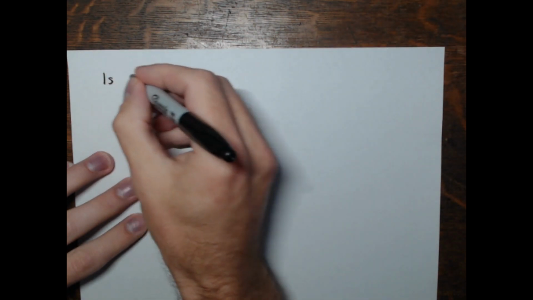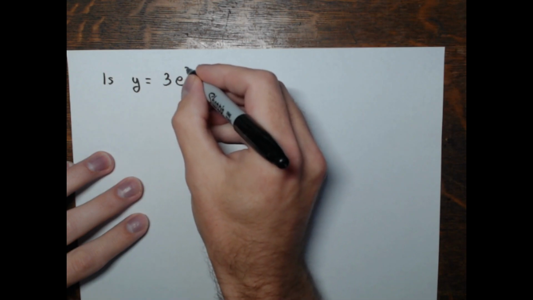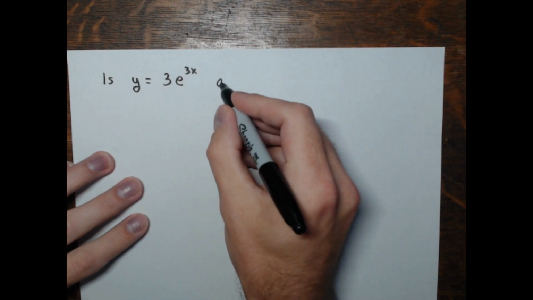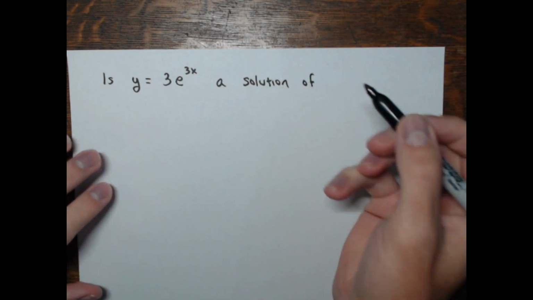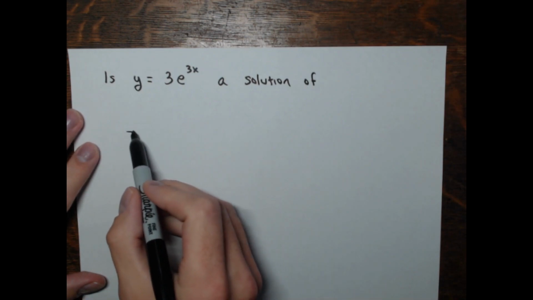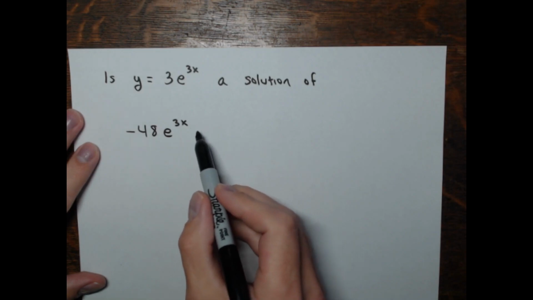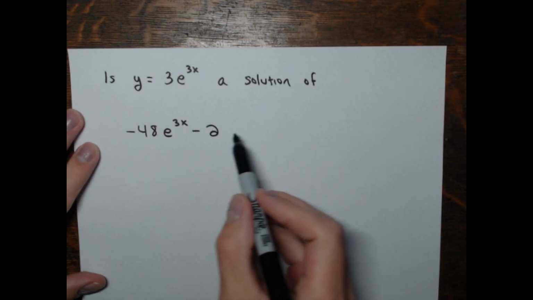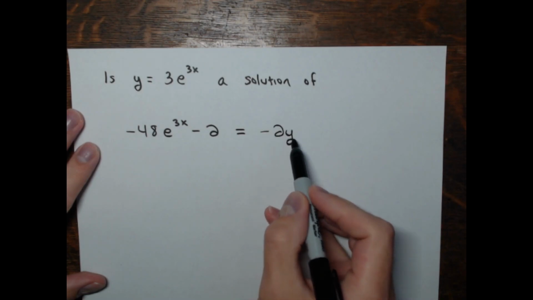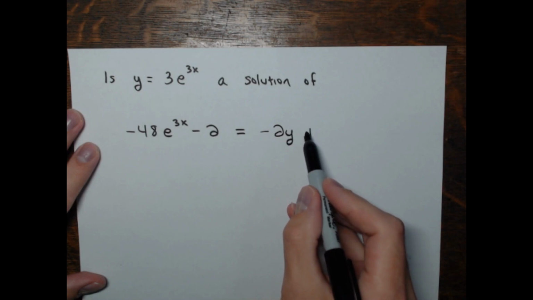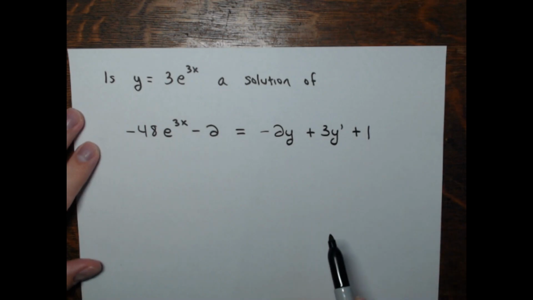All right, so is y equals 3 times e to the 3x a solution of the following differential equation? Negative 48 times e to the 3x minus 2 on the left side, and that needs to be equal to negative 2y plus 3y prime, and then plus 1 on the right side.